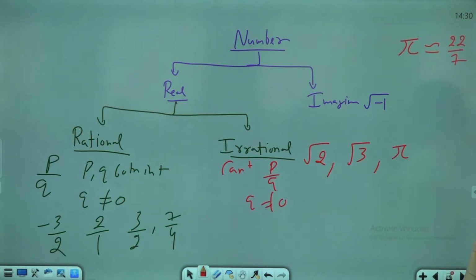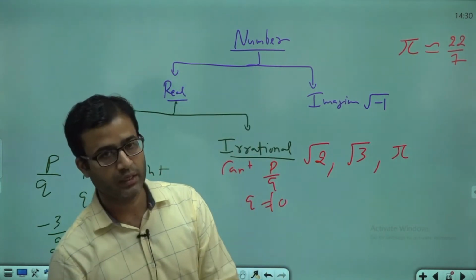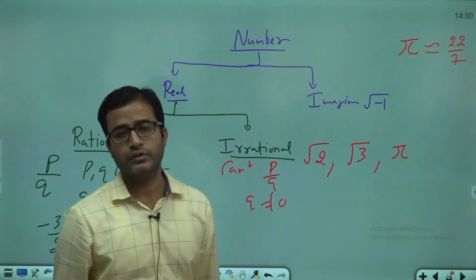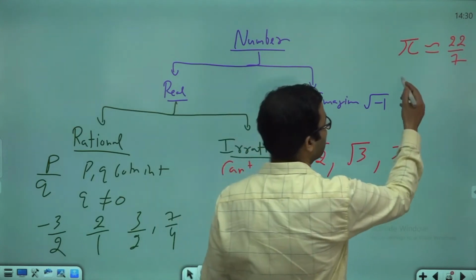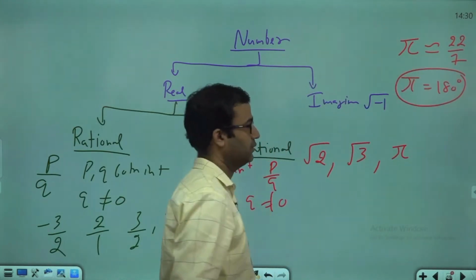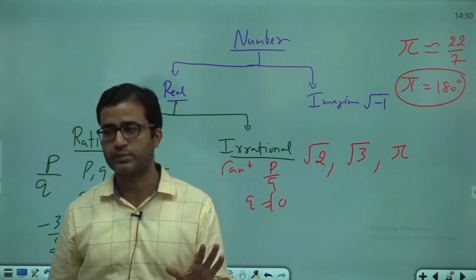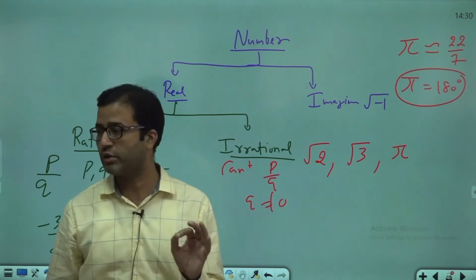We take 22/7 when we solve questions on circle, sphere, hemisphere, but it is not the exact value. So if there is a statement that pi is an irrational number, yes, pi is an irrational number.